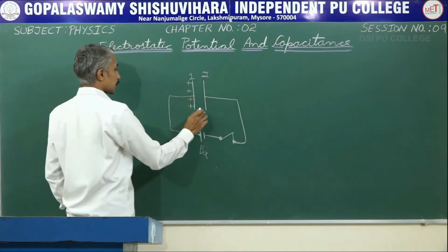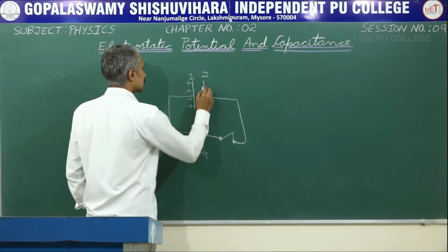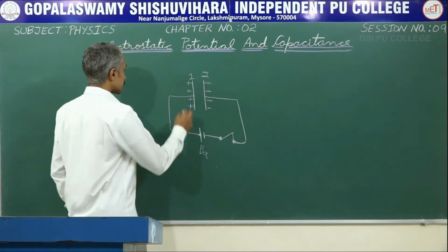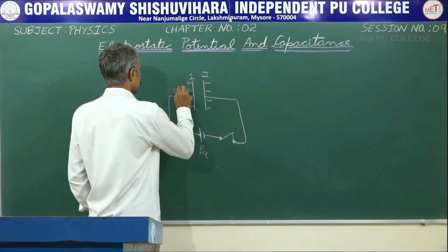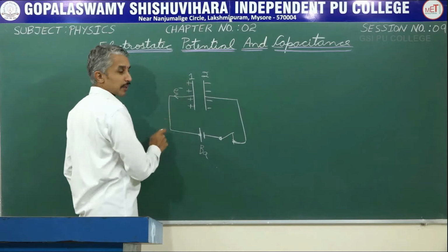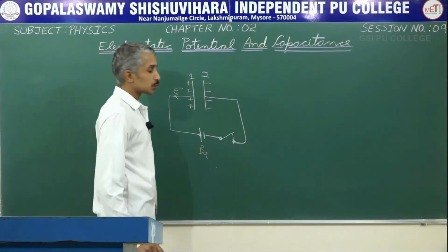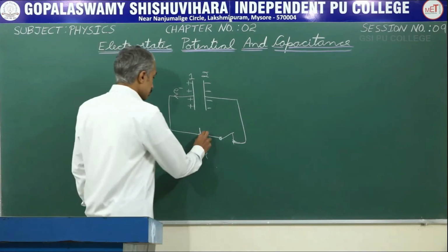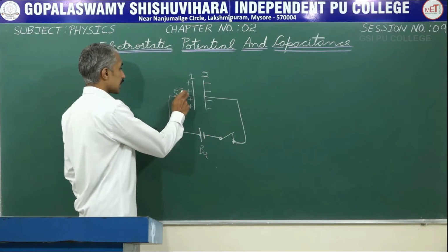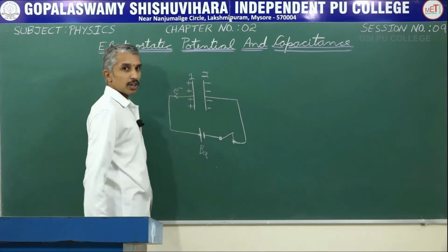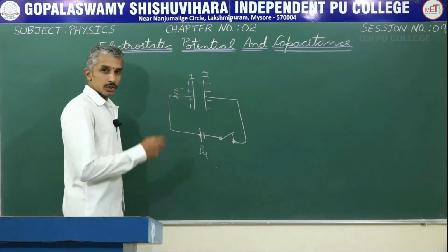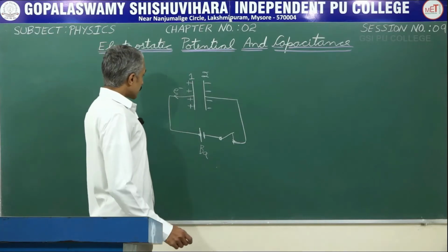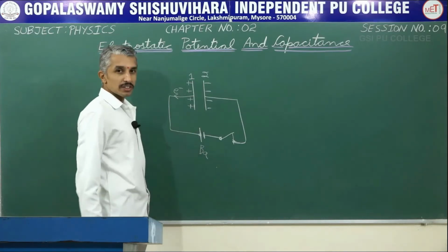If I take this as plate 1 and plate 2, the plate 1 gets positively charged and plate 2 gets negatively charged. What is actually happening here is electrons are being pulled from plate 1 and being rearranged on plate 2. This is how the charging of a capacitor takes place. So the battery is doing work in pulling an electron from plate 1 and putting it on plate 2. So this work done by the battery is stored as electrical energy in the capacitor.